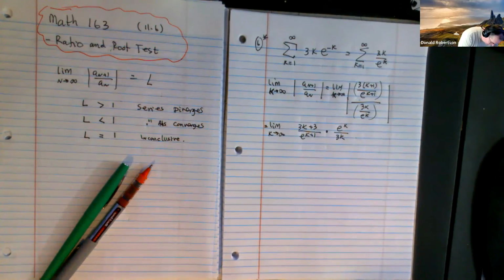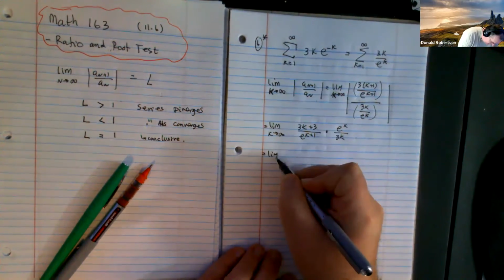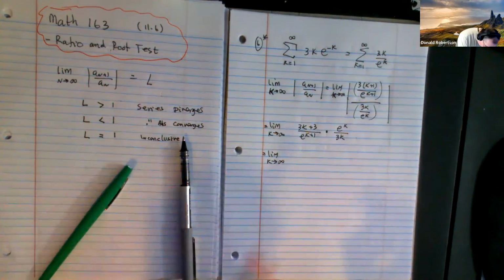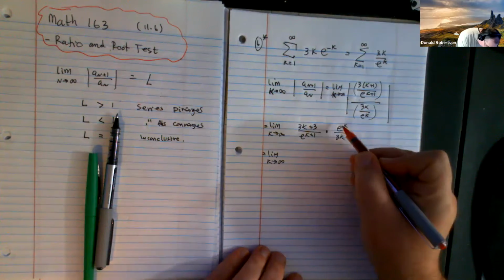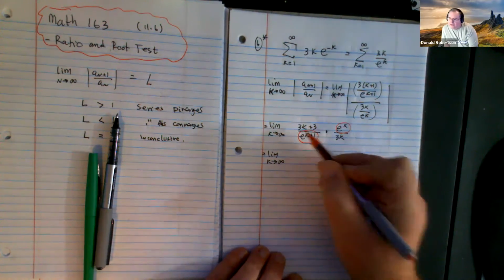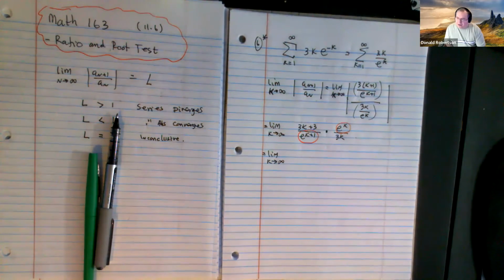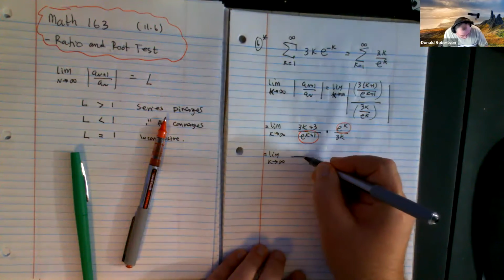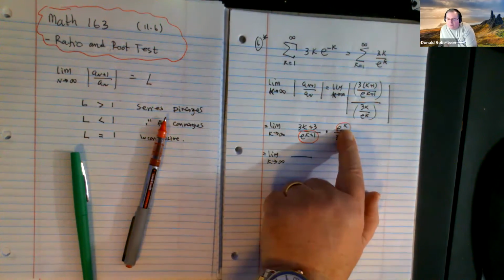Now what I'm going to do is see if there's anything that can cancel and then combine what's left. Would you agree that this here should be able to interact in some way with that there? What kind of cancelling do you get when that is on the top and this is on the bottom?